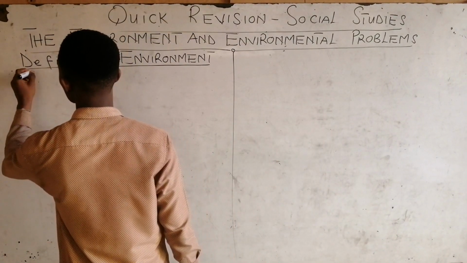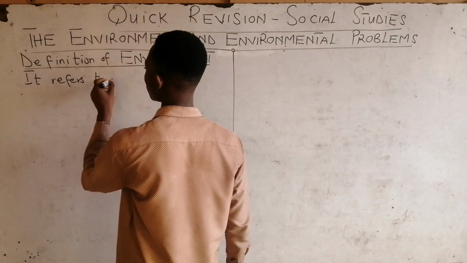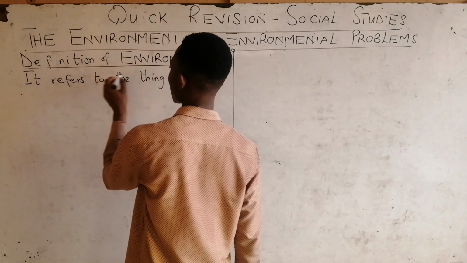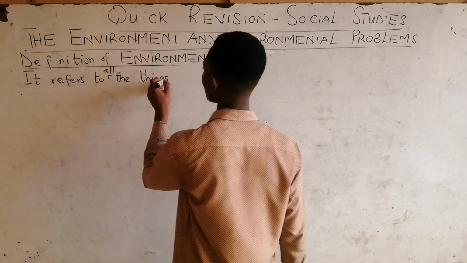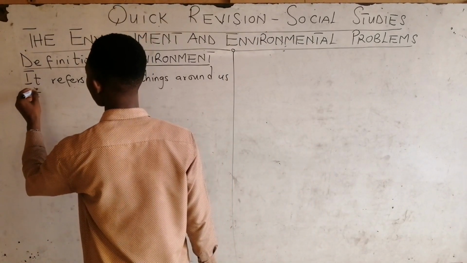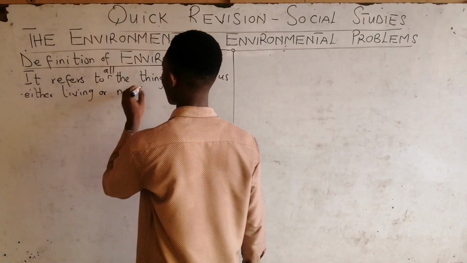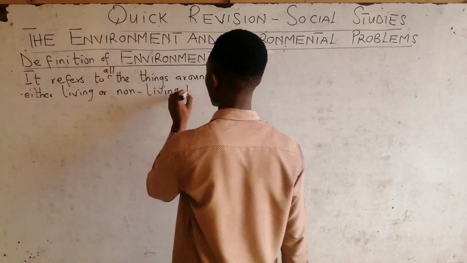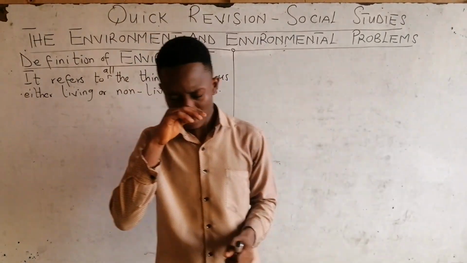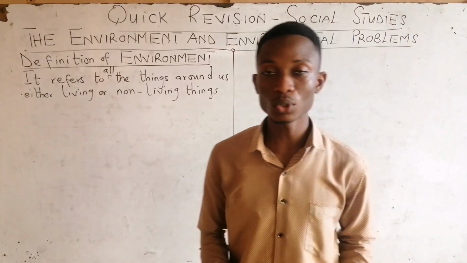So environment refers to all the things around us, either living or non-living things. So environment simply refers to or consists of all the things around us, either living or non-living things.